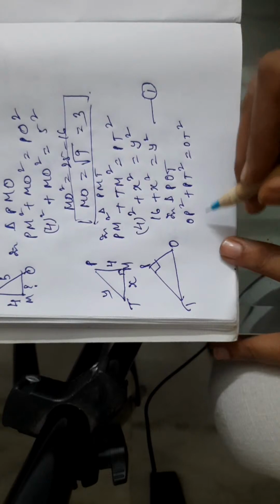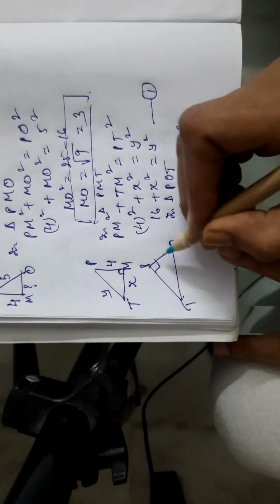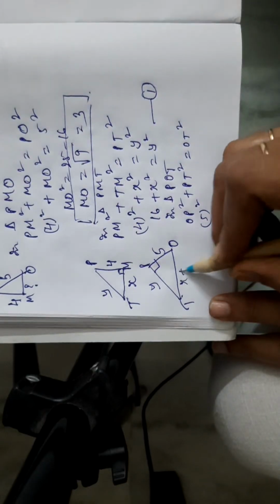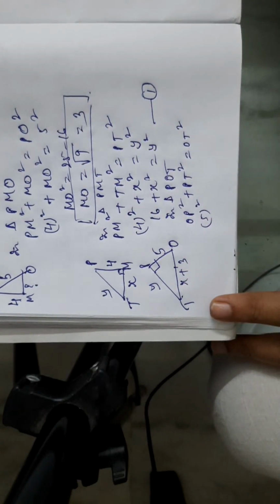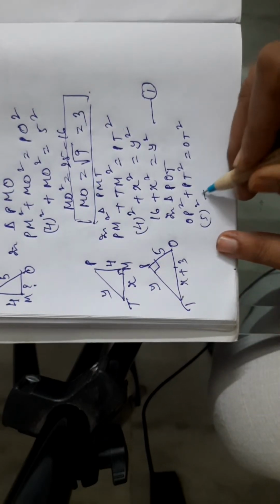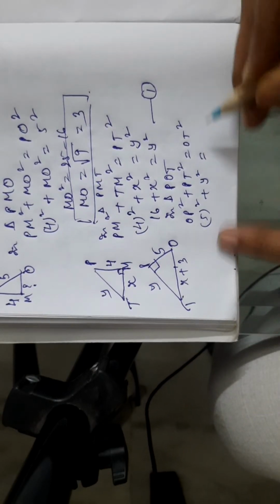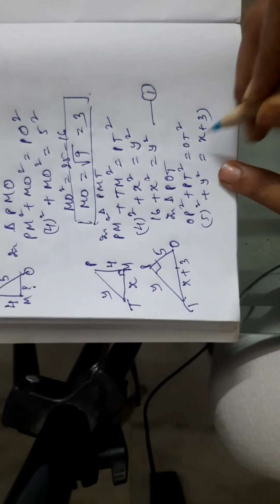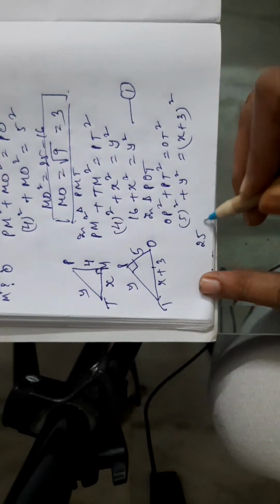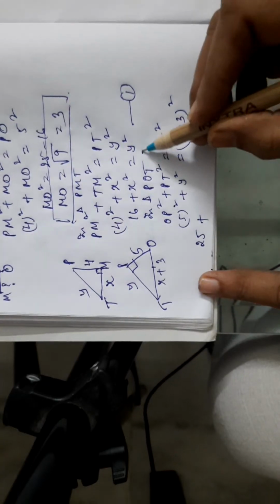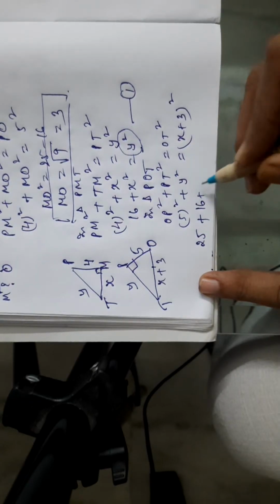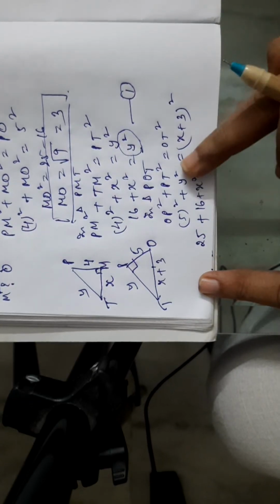OP is given 5, radius, this is y and this is x plus 3. Already we calculated half of the part and remaining is x. So PT is y and OT is x plus 3 whole square. Now expand them. 25, we can replace y square from equation 1 as 16 plus x square. So I replaced y.